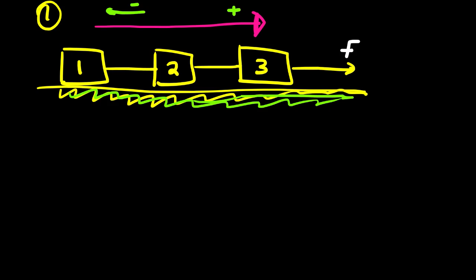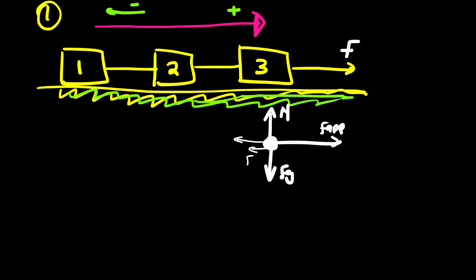Now from here, the first thing that we have to do is draw free body diagrams. So for the first one, we have normal force, Fg and force applied, and then we have our tension and kinetic friction.